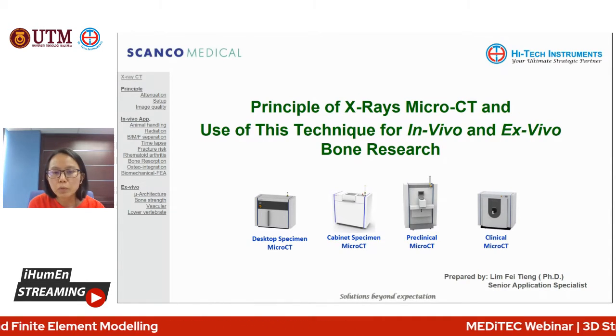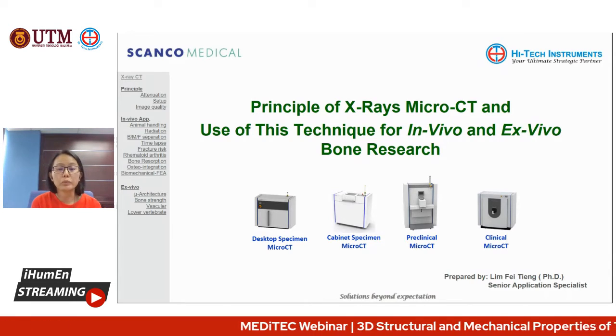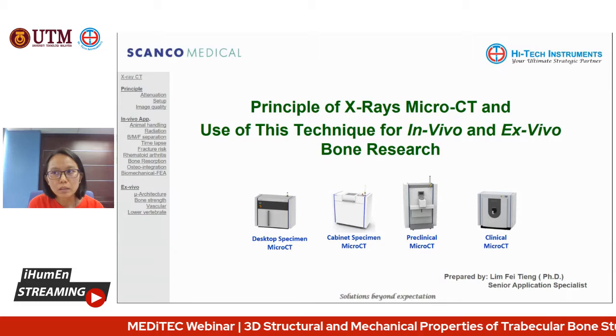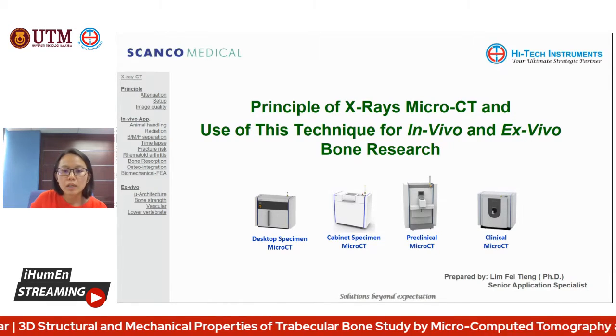After that, I will go straight into applications for in vivo and also ex vivo bone research, like factors that we need to consider before we start in vivo bone research.